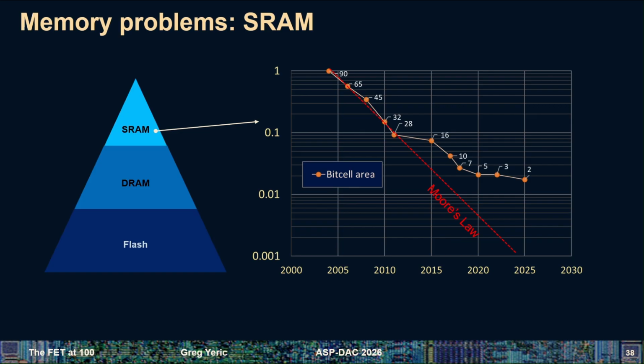So specifically about the 3 kinds of memory and the challenges we have. So SRAM, this is the bit cell area, so the area of those 6 transistors as we go through the process nodes. These are the numbers in nanometers. The numbers are divorced from reality in terms of what actually were the actual dimensions.